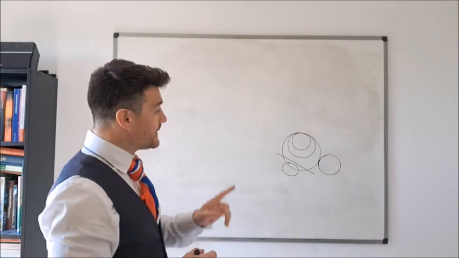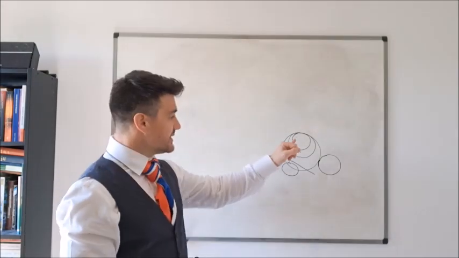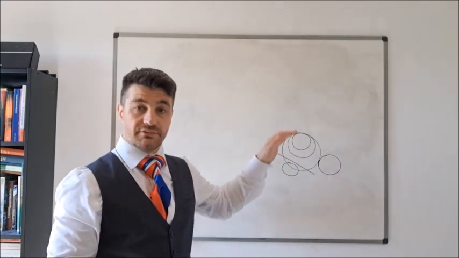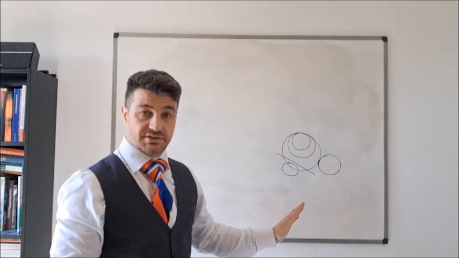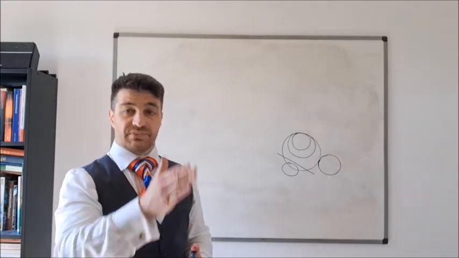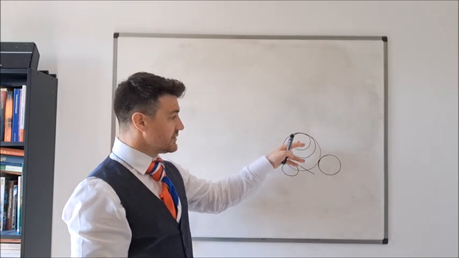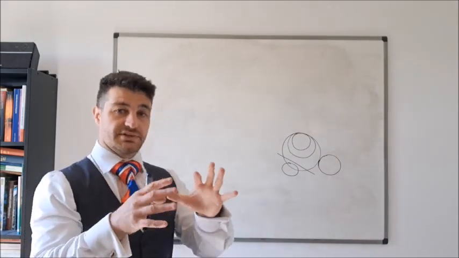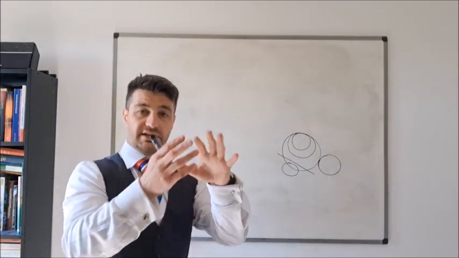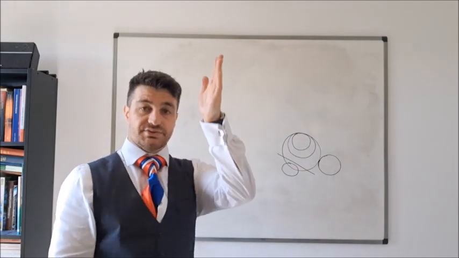And critically, it also suggests that the locus of the centers of all of these circles is on a single straight line. So it's not that the locus of the centers of the circles of different radii is all higgledy-piggledy, wiggling all over the place. It's a single straight line.